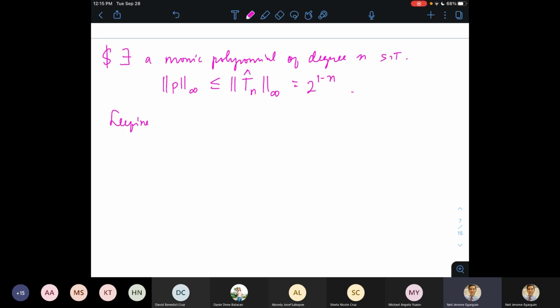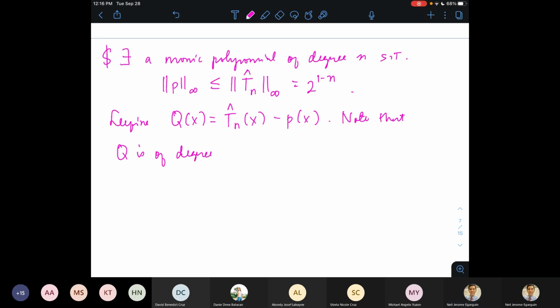Okay? Now, I will define this function. Define the function, say, Q to be T hat sub n of x minus P of x. Okay. So note that Q is of degree n minus 1. Do you agree? Kung ganito ko i-define si Q, ang degree niya ay n minus 1.